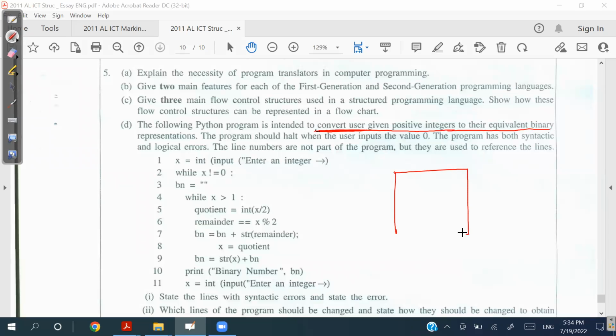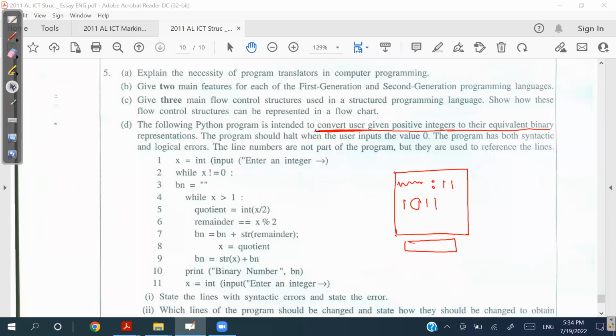When the program starts executing, it may ask for a number. Let's assume we have provided 11. It should show us 1011 as the answer. So that is the thing that you should understand first.